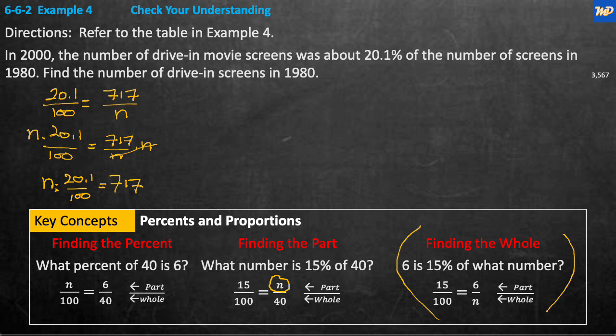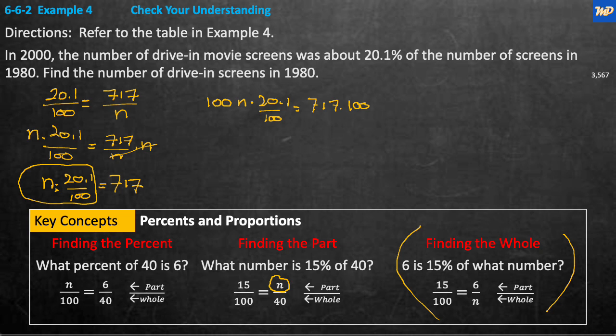So carrying it up to here, we're going to have 100 times n times 20.1 over 100. Okay, so we know these numbers. That's coming from this piece right in here. When we multiply by the 100 now, it is equal to 717 times 100.